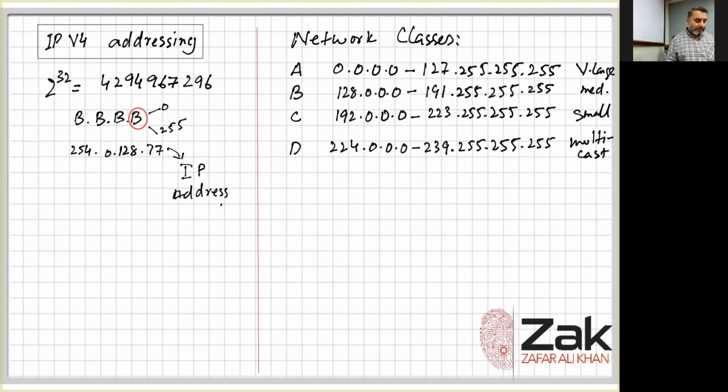And then we have class E, which is experimental mostly, 240.0.0.0 to 255.255.255.255. It consumes the whole byte. It is actually experimental.